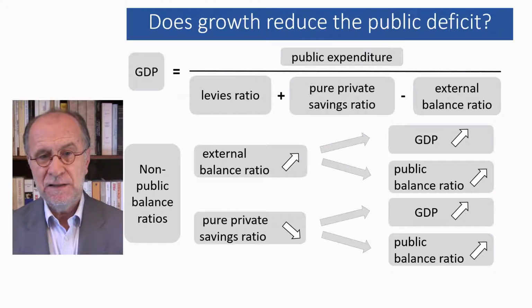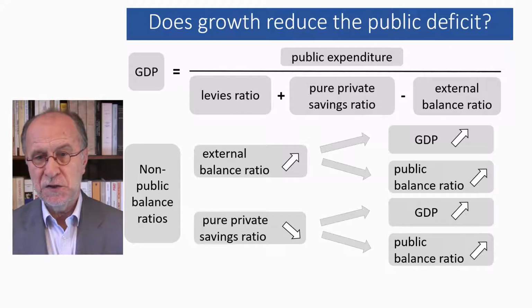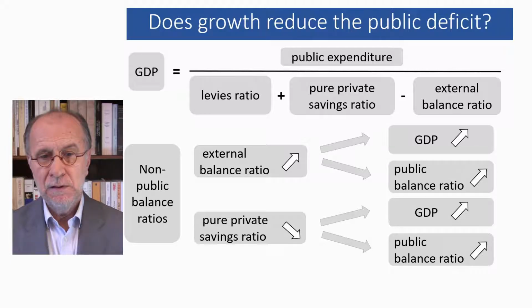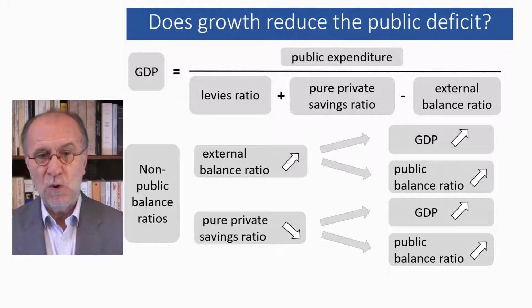Common sense tells us that when corporations and households spend more of their revenue, leading to a reduction in the pure private savings ratio, or when exports increase as a proportion of imports, which means there is a higher external balance ratio, growth will be positive, resulting in a wider fiscal base and therefore a higher public balance ratio.